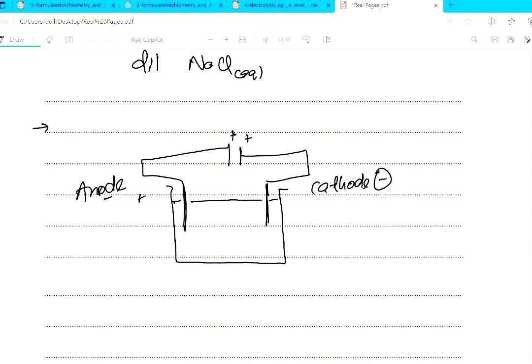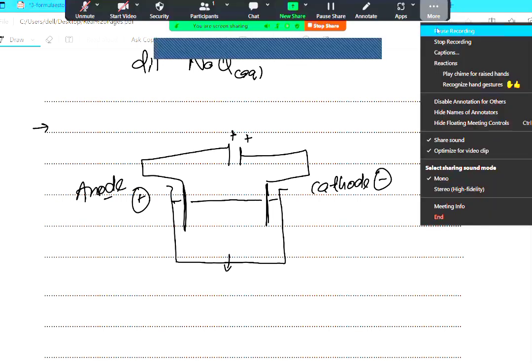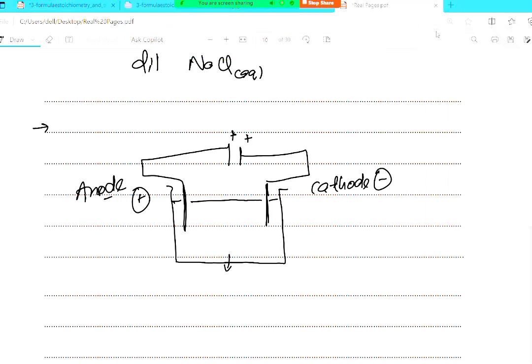Minus charge. And here is dilute NaCl. Dilute NaCl means you can say simply... So here we have the battery.